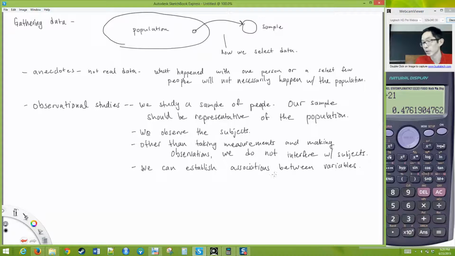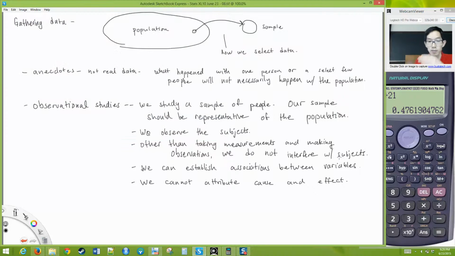However, we cannot attribute cause and effect. So we can say these two things tend to happen together, but we cannot say this thing is causing the other thing.